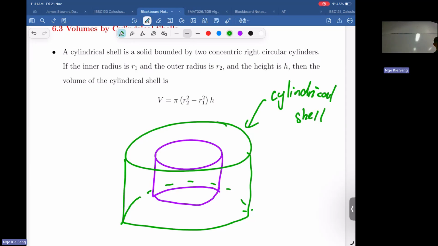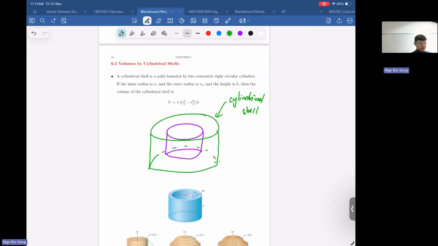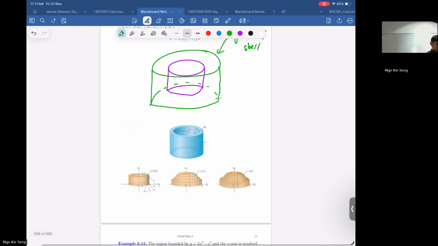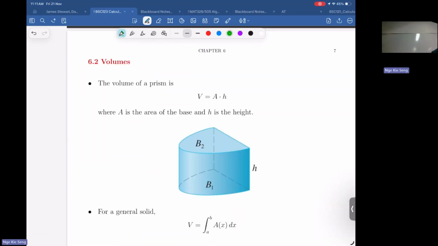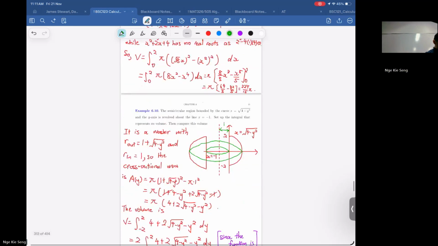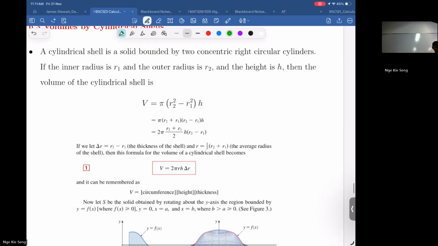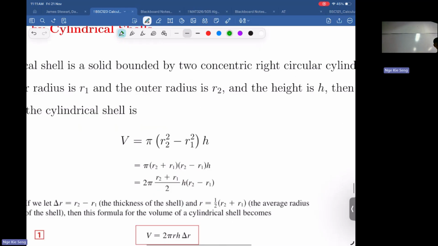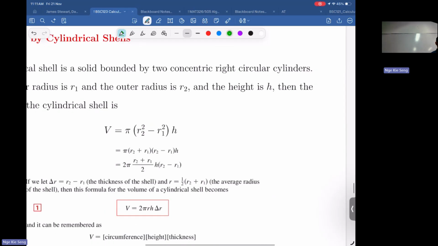There's another way to see this shell. The volume of the shell is like this: pi r2 squared minus pi r1 squared, everything times h.